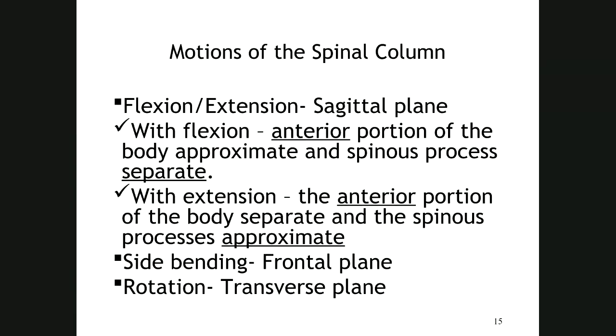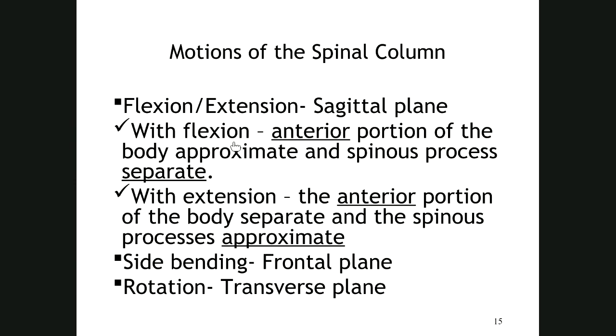Let me turn on the video again. So what this statement is referring to is with flexion of the spine. With flexion, I'm trying to flex right here. The anterior portion of the bodies are going to come together. So everything in the front is going to come together, obviously, because we're going into that flexed position. And the spinous processes are going to separate.